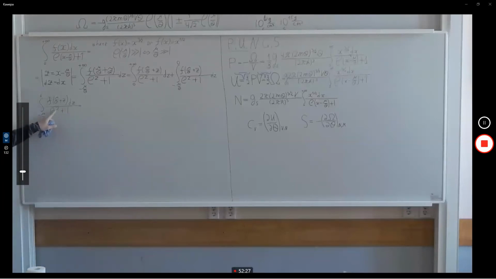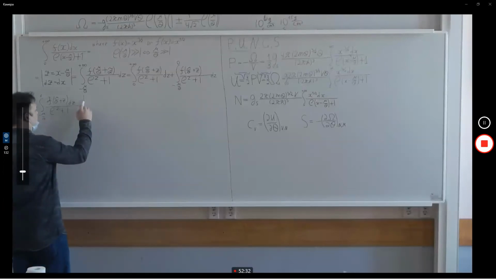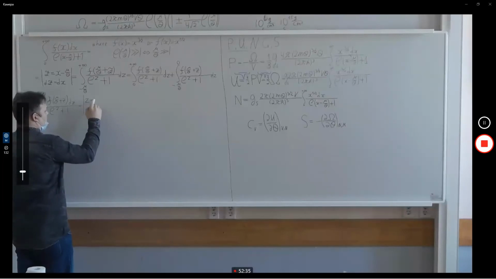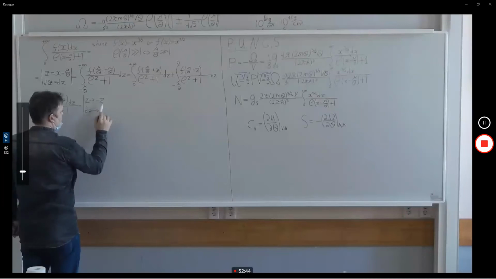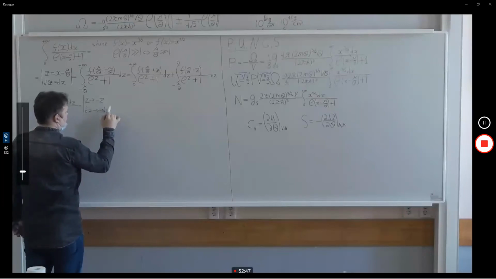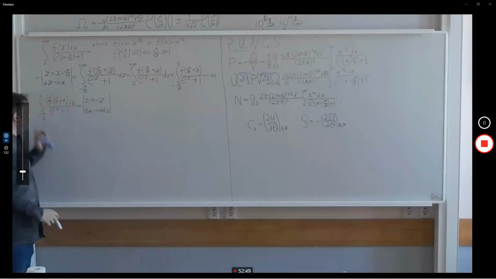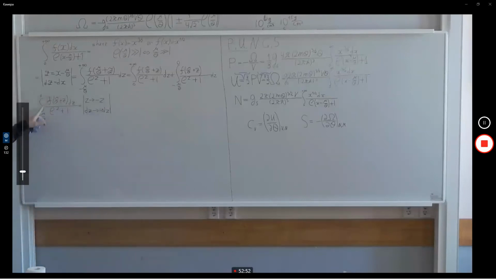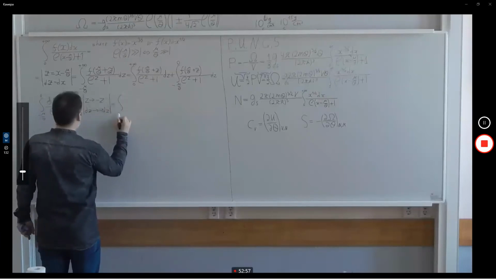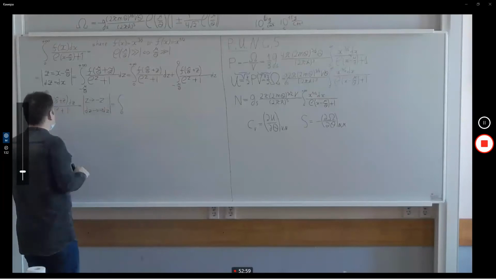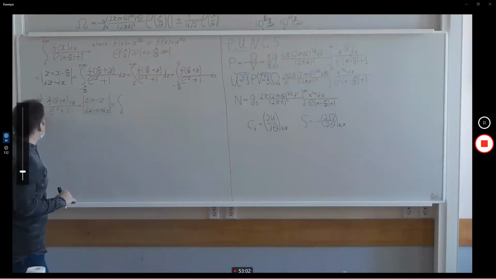And here I make the change of variable from z to minus z. And I get something like this. The lower limit is 0.